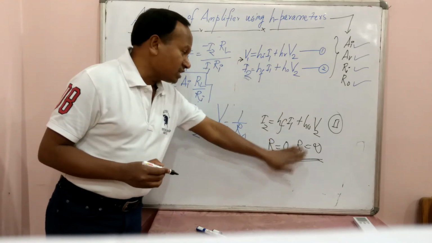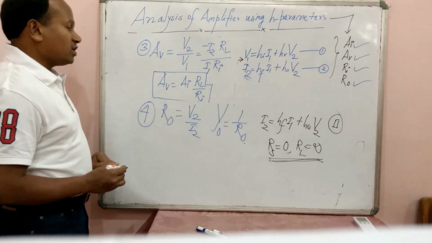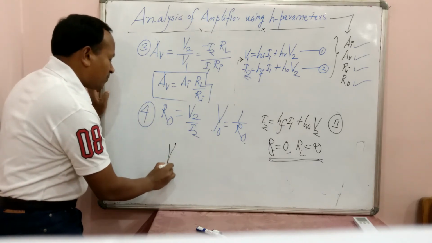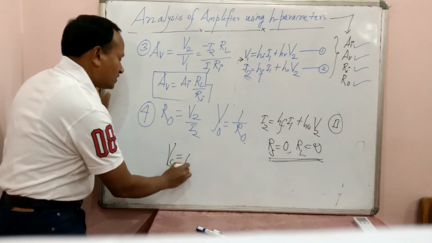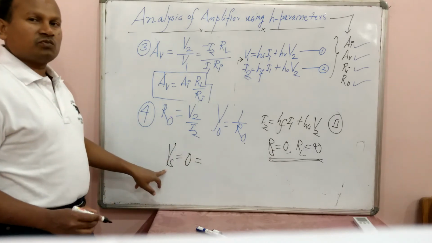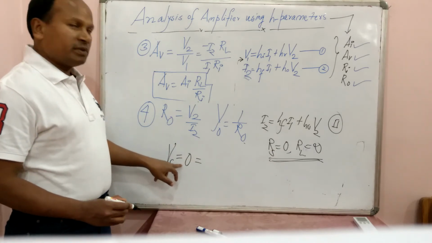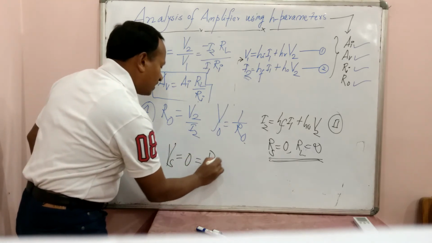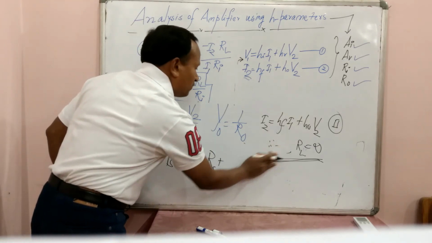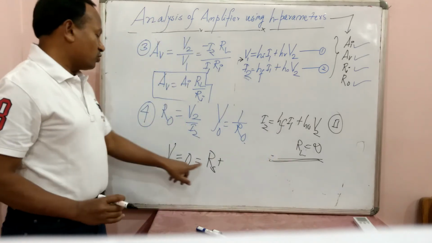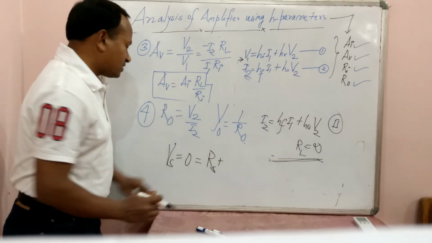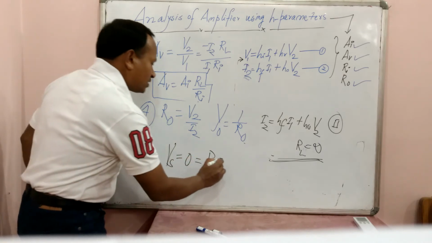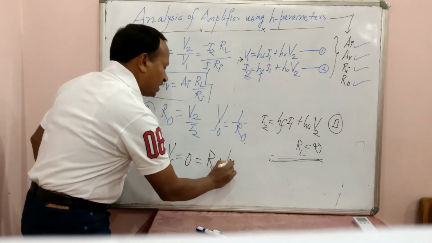By substituting these conditions, what can we write as the equation on the input side? Vs is 0, because this is the ideal value of source voltage. What is the expression? Rs will be there actually. If I am making Vs equal to 0, that will be 0 equals Rs plus Hi.